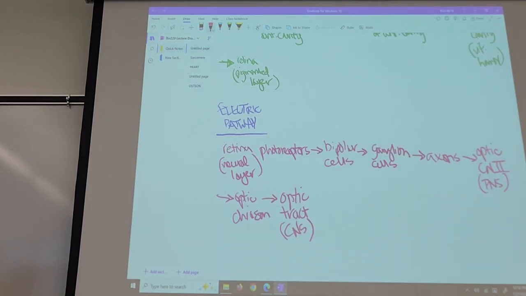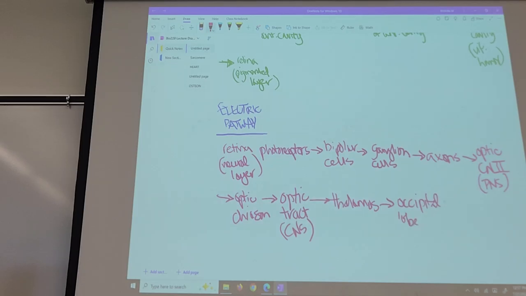Okay, good. So then the optic tract is gonna send those signals, those electrical signals, to the main sensory relay station in the brain, which is what? Thalamus. The thalamus. And then the thalamus is gonna route that information where? To the visual cortex, which is the occipital lobe.